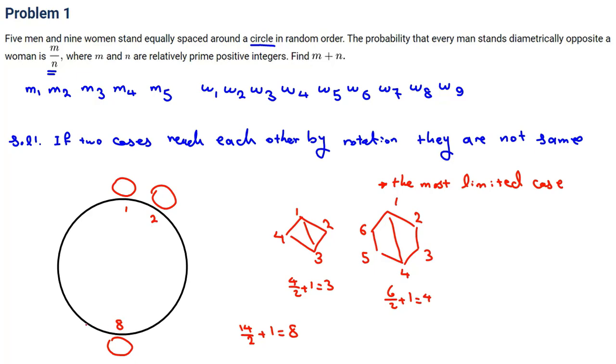2 is opposite to 9. 3, 4, 5, 6, 7. Okay, and then 9, you say 10. Look, let's consider some of them.